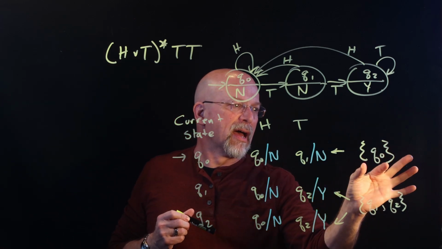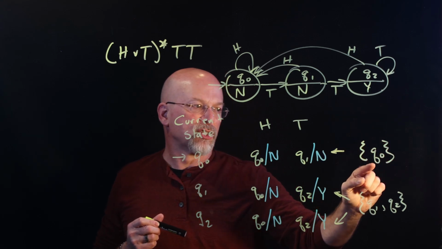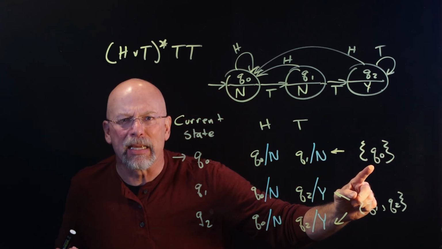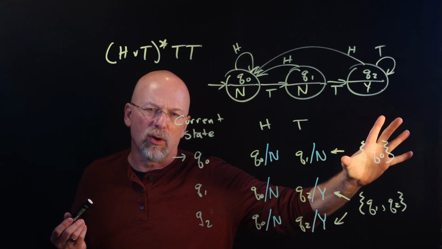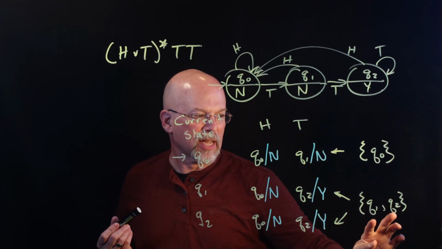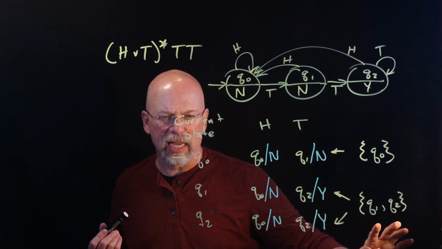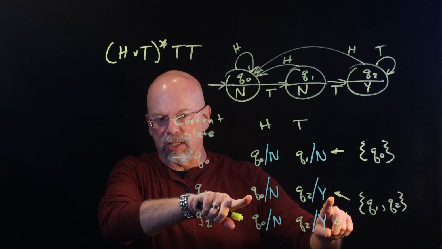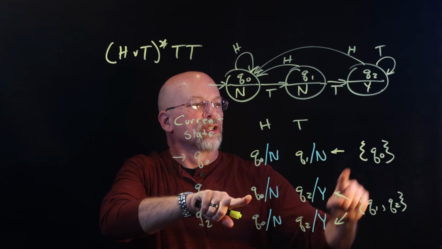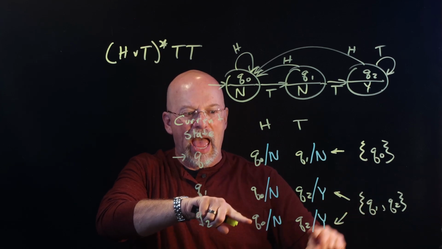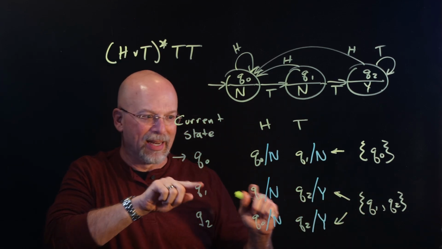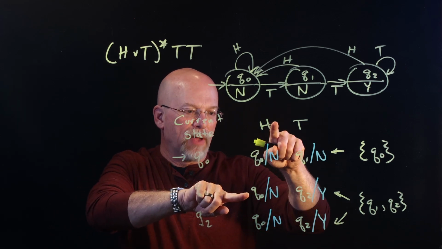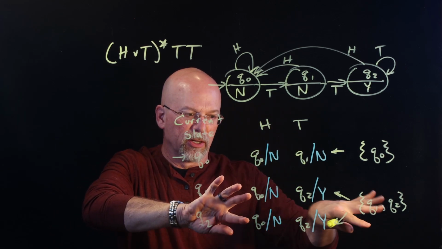Now, once you have a group or a set that has just a single state, you can't decompose that any further, so that one we don't have to look at. But this one, since I have two states in this set, I need to make sure that this state transitions to the same set of states as this one. So let me try that again. If we've got heads, we don't need to look at the output anymore.